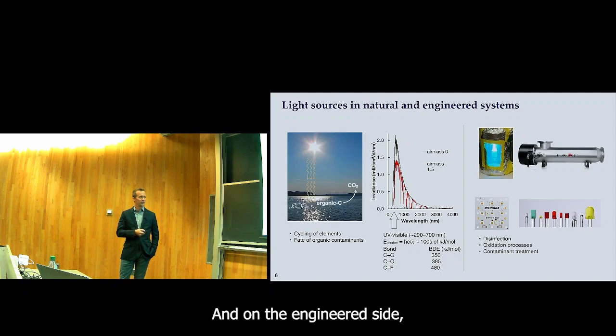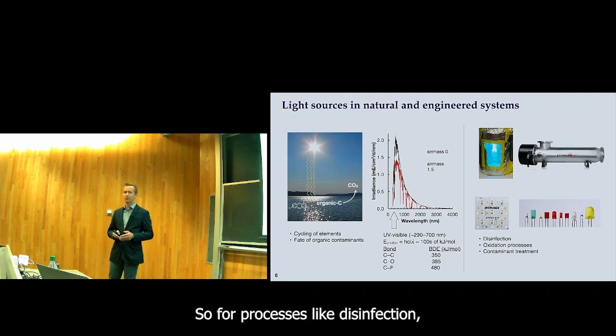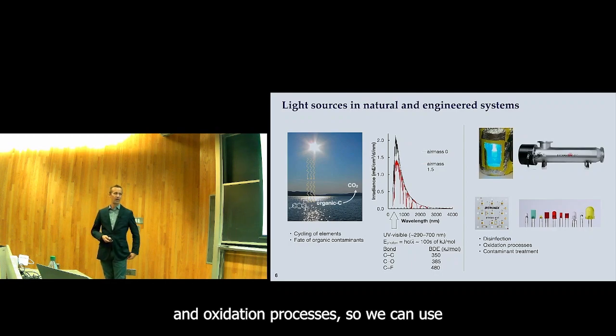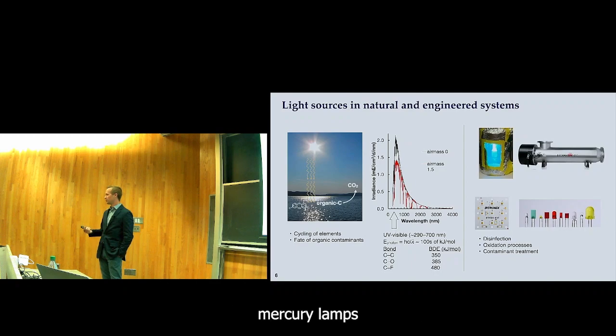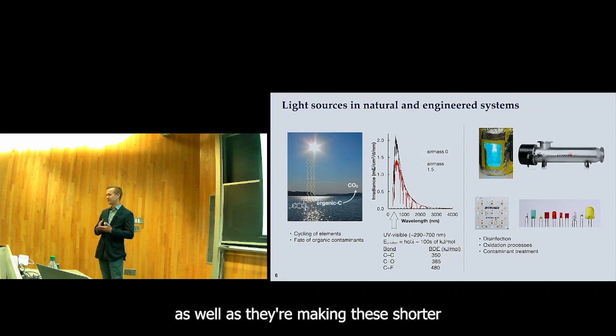Now, on the engineered side, we take advantage of these high energy photons in water treatment, for processes like disinfection, treatment of emerging contaminants, and oxidation processes. We can use conventional sources like low pressure mercury lamps, and nowadays there's a lot of interest in LEDs as well, as they're making these at shorter and shorter wavelengths at higher powers.